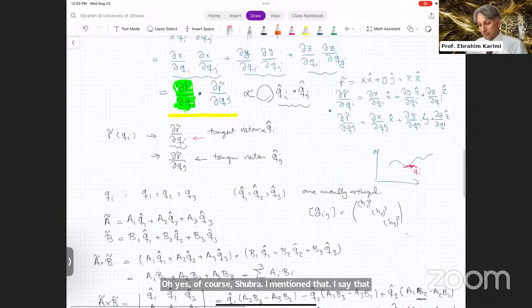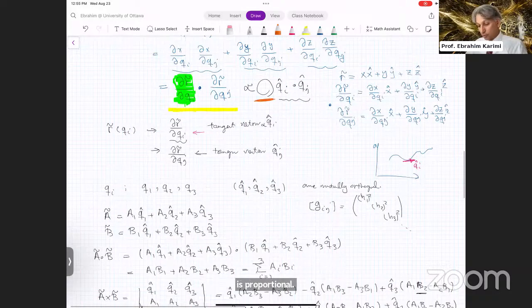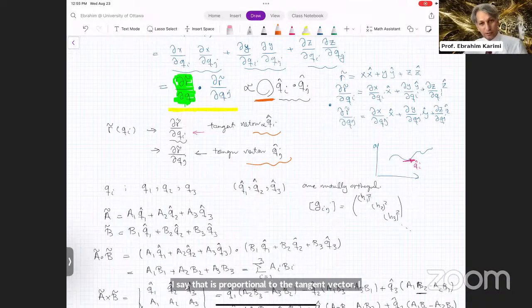I didn't say that it is a dot product. Look at this coefficient that I had. I say that it is proportional to the tangent vector. I didn't say that it is identical. Is that clear, Shubra?